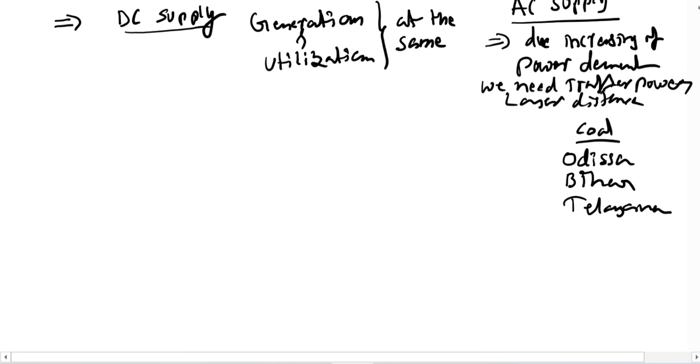These are the main states producing the major coal fuels to generate this power.